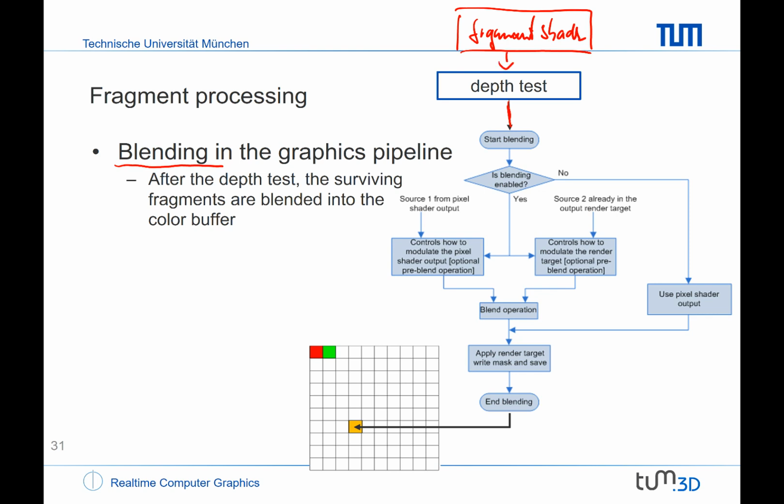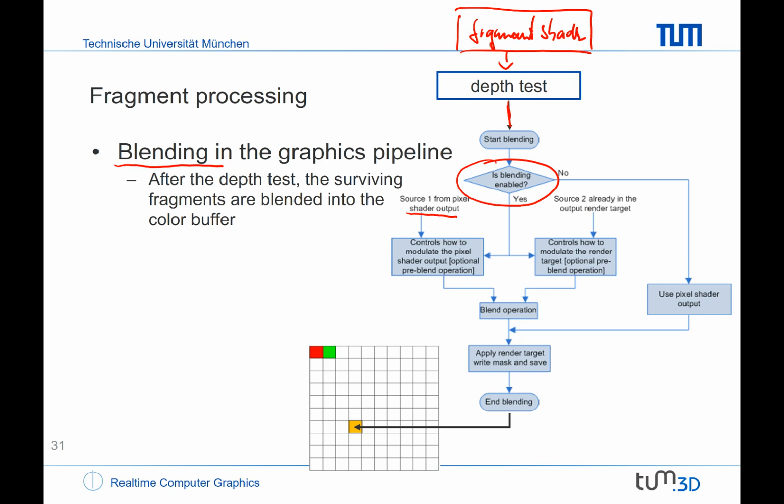Every fragment first goes through the depth test. If that fragment survives the depth test, then comes the blend stage. In the blend stage, we first ask, do we have blending enabled or not? If we have enabled blending, then we essentially blend two color contributions from the pixel shader output. That is, so to say, the source color and alpha.